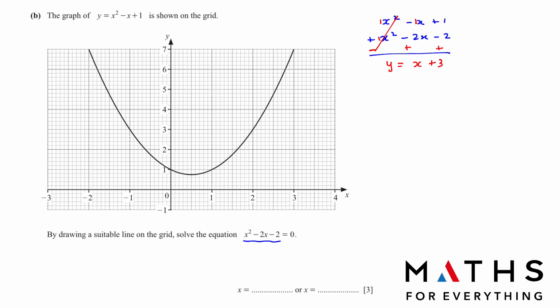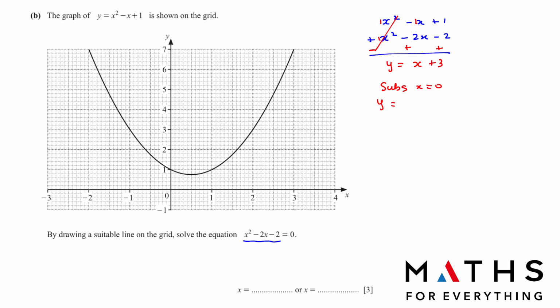For drawing the line, it is easier if we take different x values and find the y values. The best way is first use the x value when x is 0.